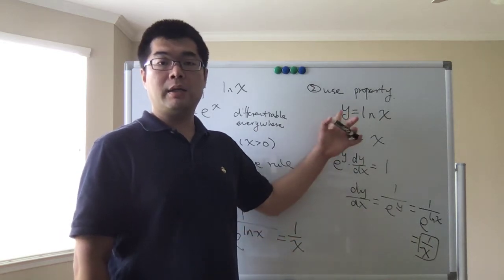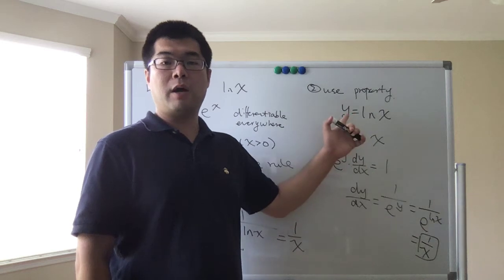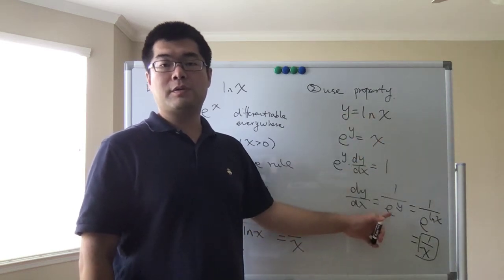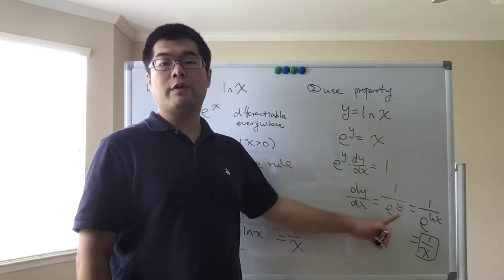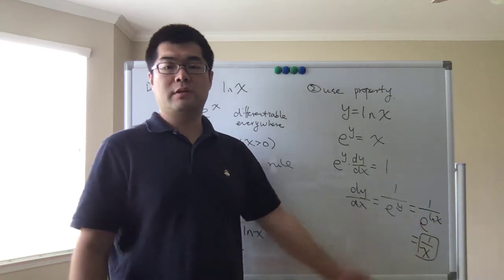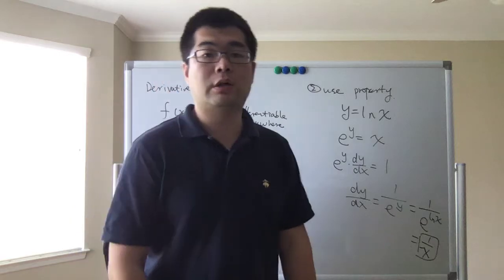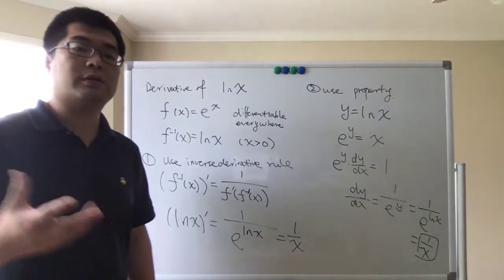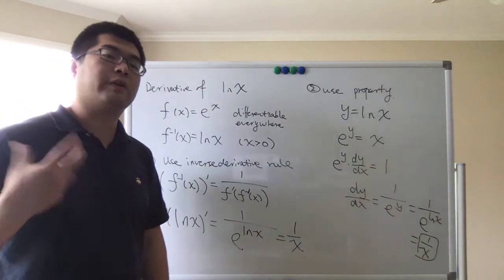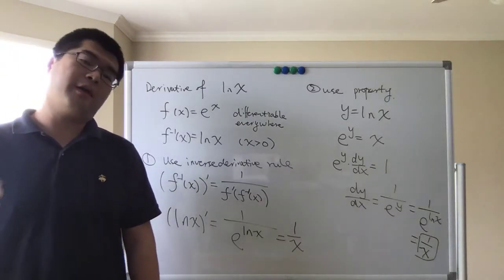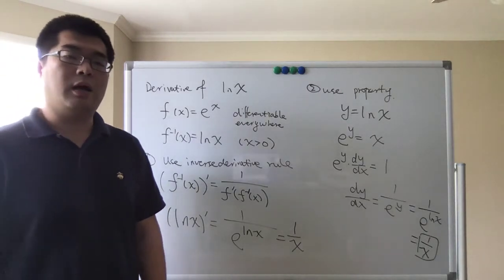Again, y equals ln of x. So substitute that back. You have 1 over e to the power of ln of x, which still gives you 1 over x, okay? So those are the two approaches to derive the derivative of the natural logarithm function.